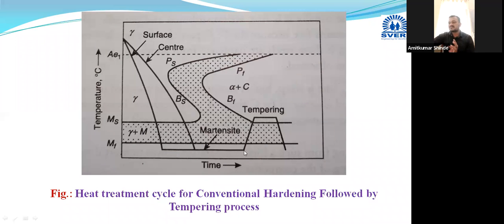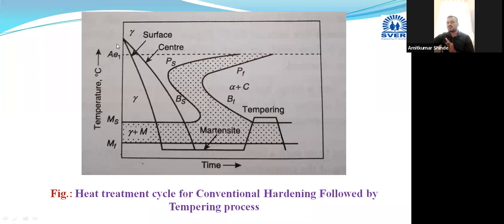Then this martensite component is again heated in the temperature zone of somewhere around 100 to 200 degrees Celsius, and it is kept at that temperature for 1 to 2 hours, and then it is slowly cooled in the air up to room temperature.